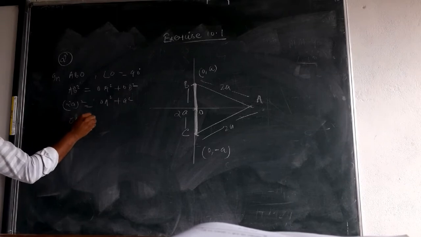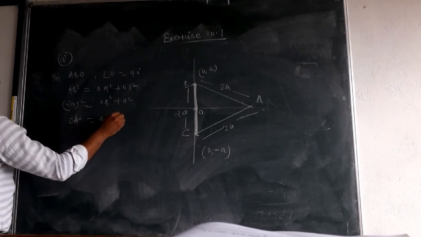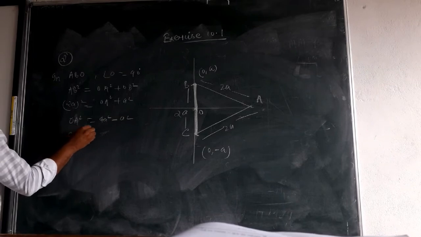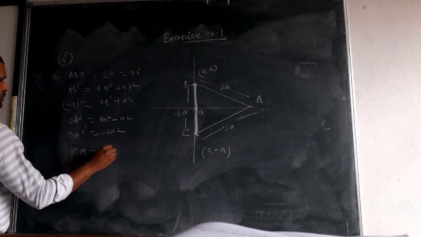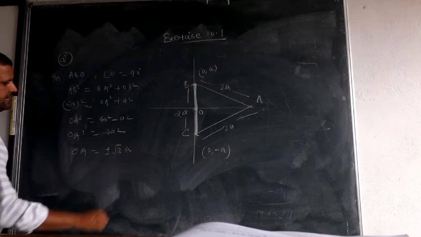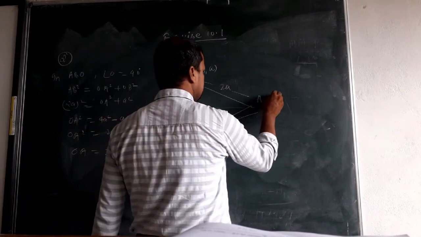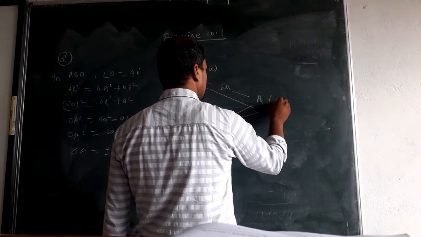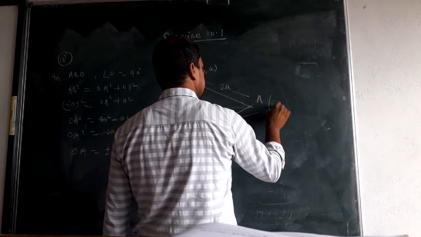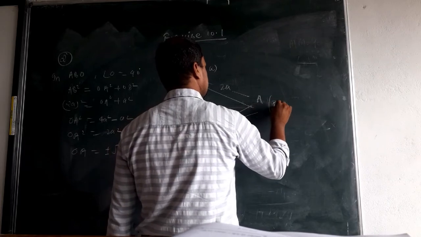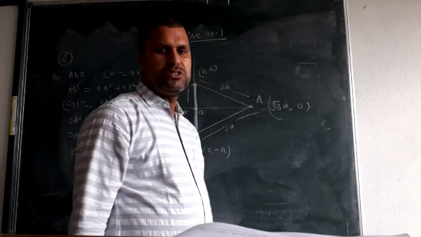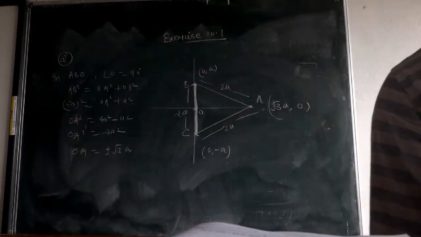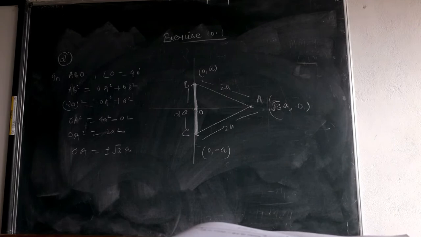So OA square equal to 4a square minus a square, OA square equal to 3a square, and OA equal to plus minus root 3 a. So the coordinate of this one is x equal to root 3 a, y equal to 0. So the question is to find the coordinates of the equilateral triangle ABC.